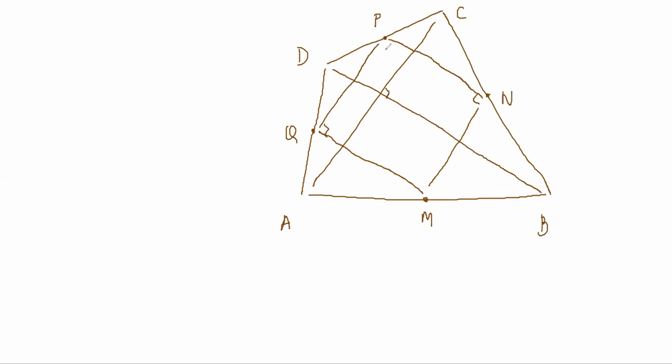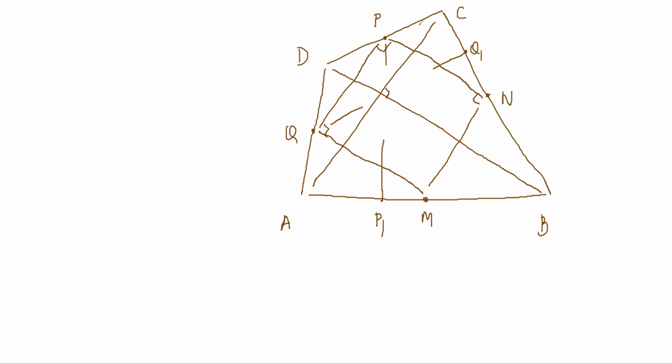This much everyone has understood: MNPQ is a rectangle. Now you have to drop some perpendiculars. From here, I want to drop a perpendicular Q1. From here, I want to drop a perpendicular P1 and so on. You have to prove that all of them lie on the same circle.